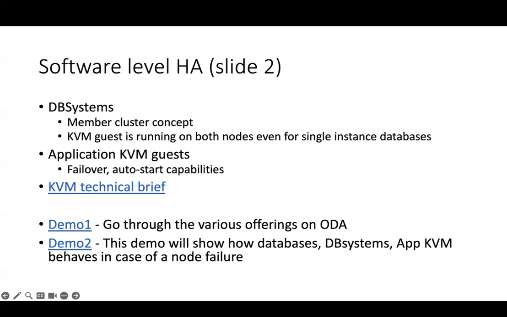But at the same time, ODA provides tooling to manage them in the sense that it creates the KVM guest at KVM level. So when you connect to it and you attach the ISO, it is mandatory to attach the ISO or a template or something to the create VM operation.